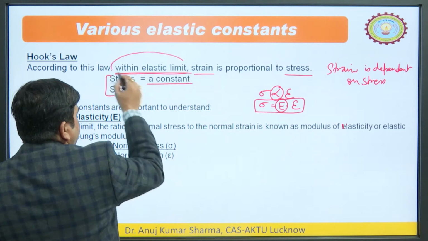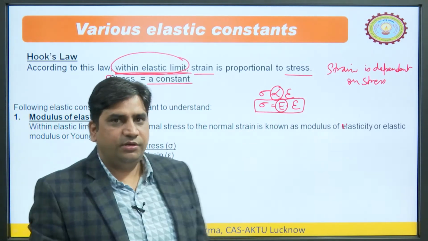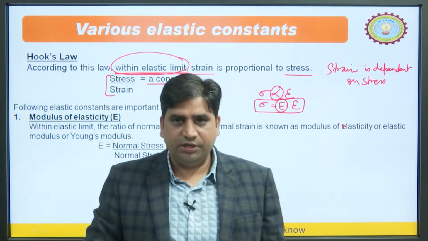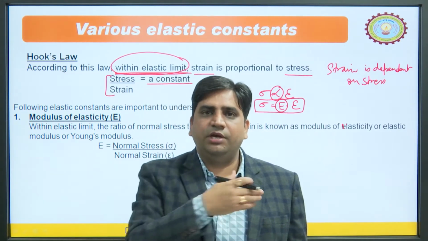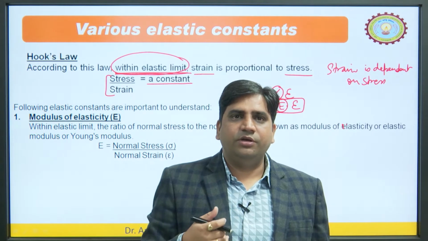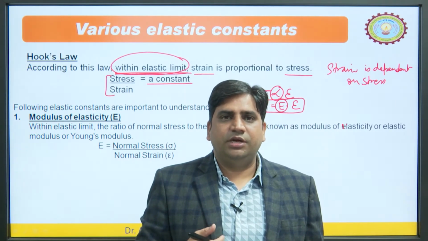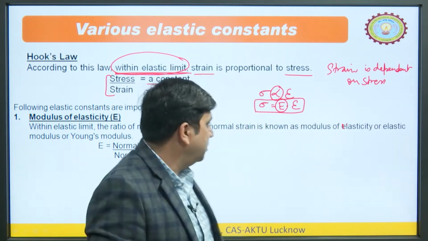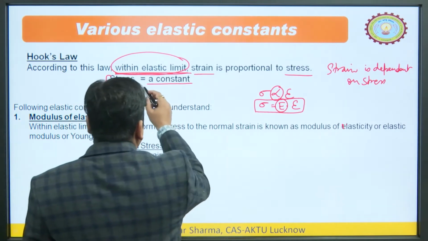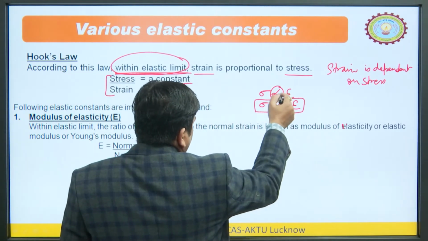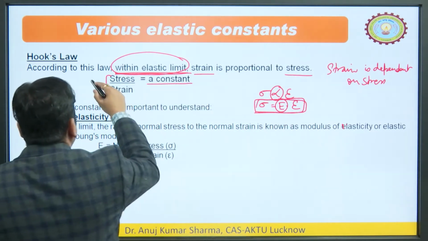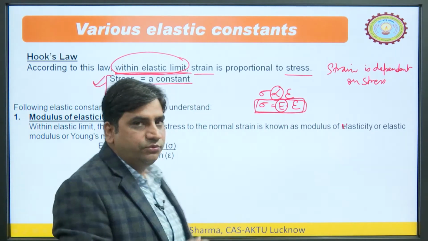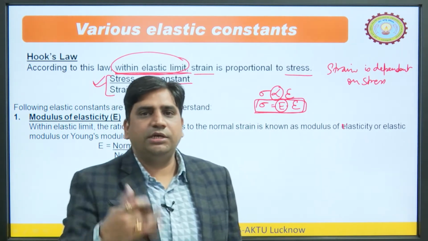I will discuss more about this limit in the stress strain diagram, where we will discuss what the elastic limit, the plastic region and the elastic region are. According to Hooke's law, stress is directly proportional to strain. This is what we get when you remove the proportionality sign. This is Hooke's law, and it is applicable up to the elastic limit; beyond that it does not work.